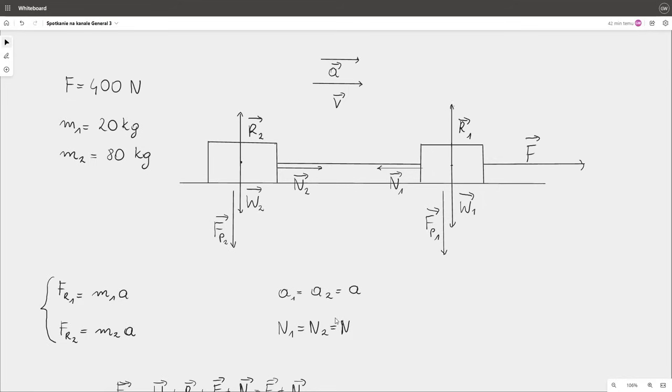The speed of the first body increases, so magnitude of external force F is greater than magnitude of N1 force. We write Newton's second law of motion independently for first and second body. Here and here. Acceleration of first and second body is the same, so instead of A1 and A2, we'll write just A. Instead of N1 and N2, we'll write N.